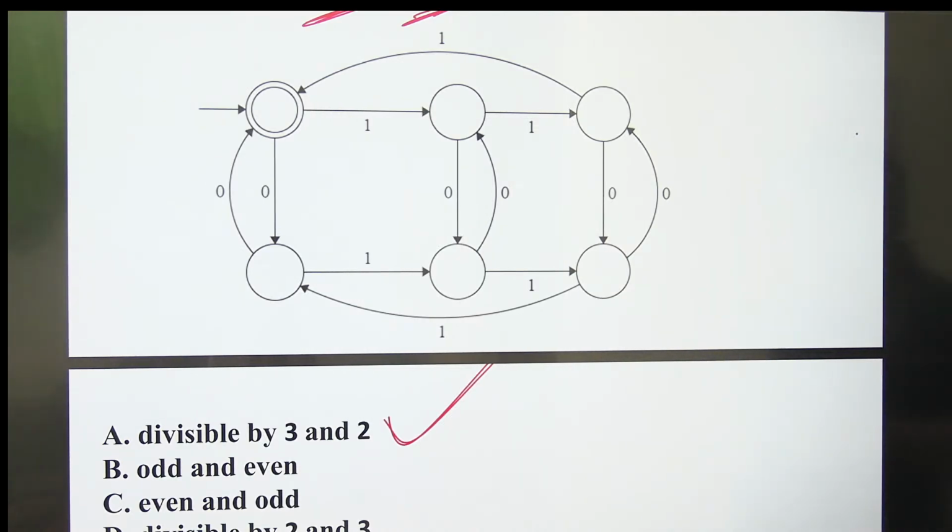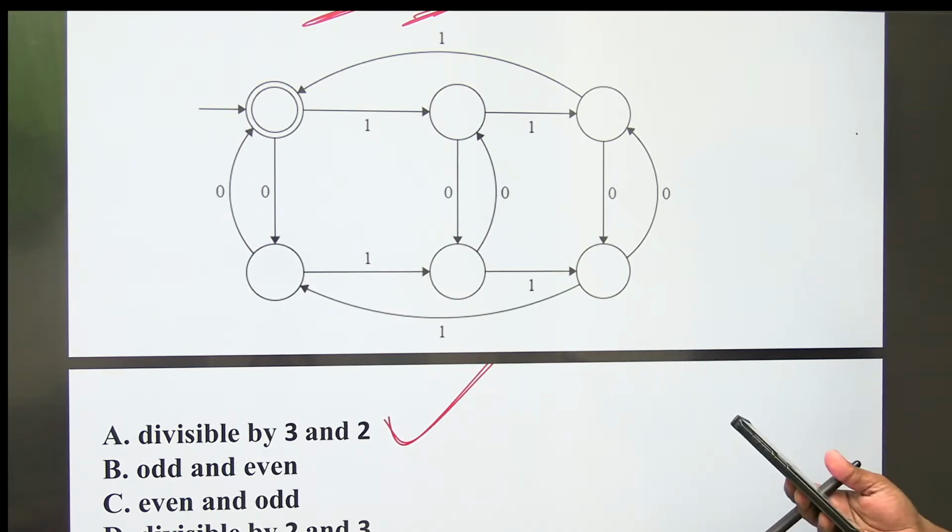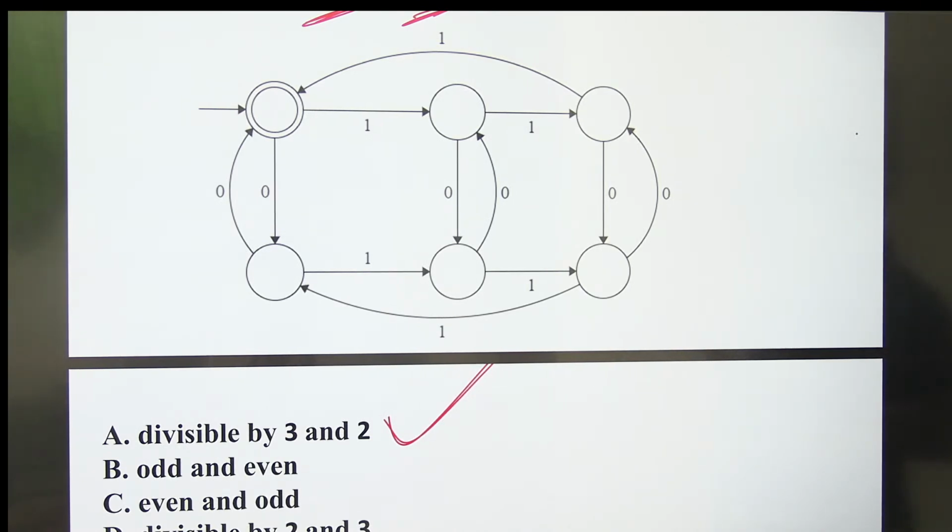Number of ones divisible by 3: 3 ones, 6 ones, 9 ones, and so on. Perfect. Answer is A. Do the manual checking, you will get the answer.